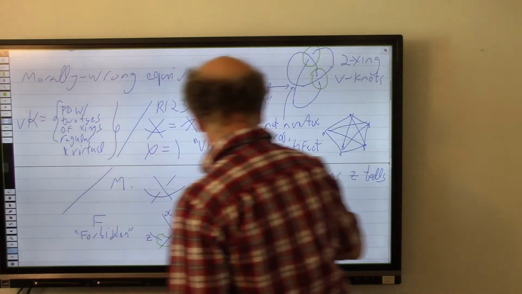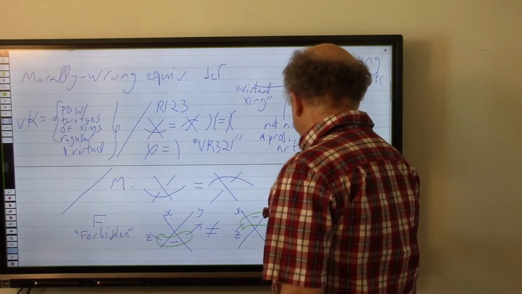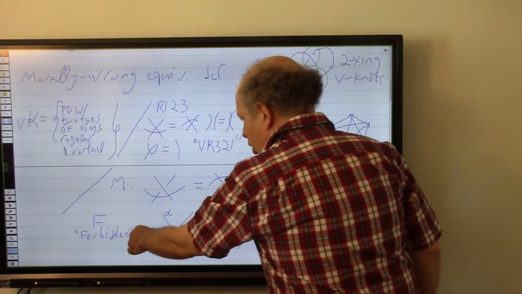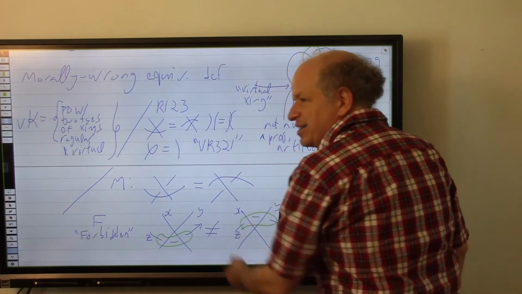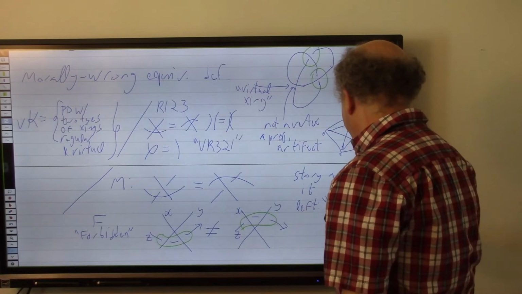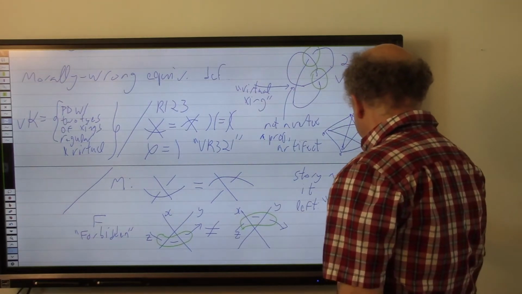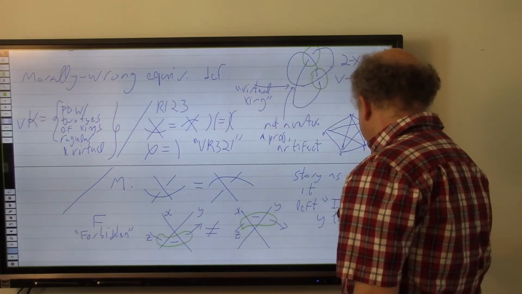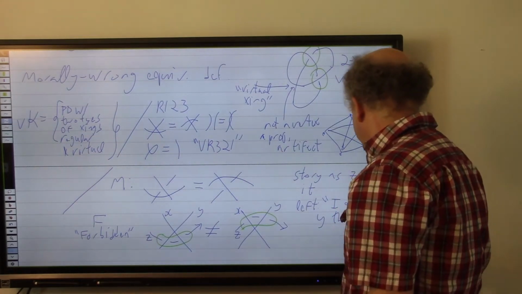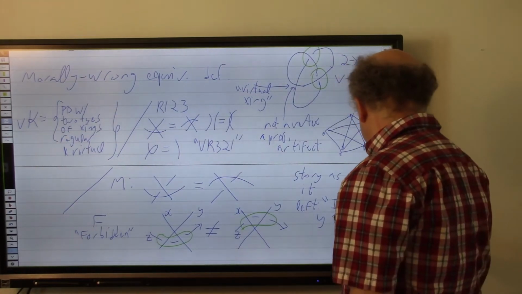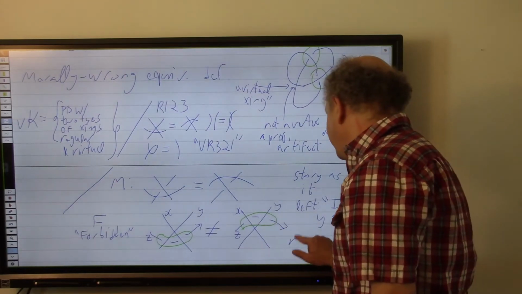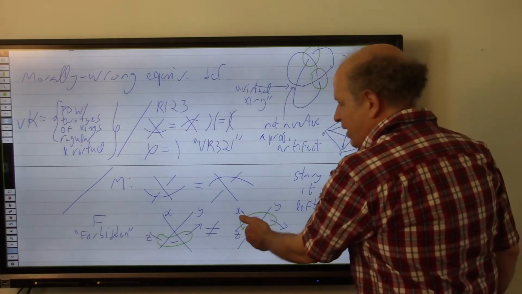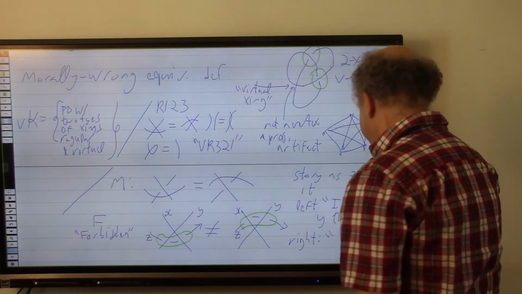On the left, z says, I go under y, then under x. On the right, z says, I go under x, then under y.